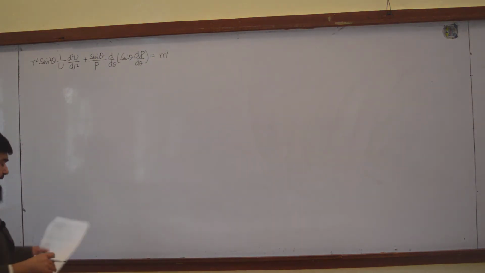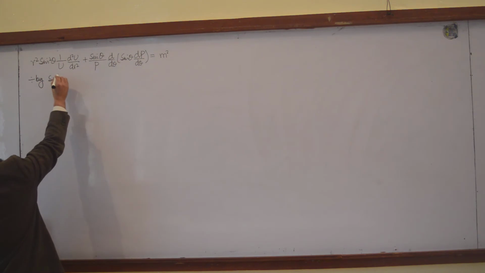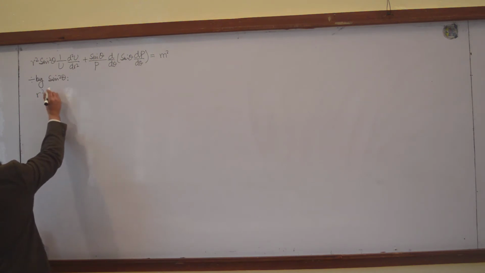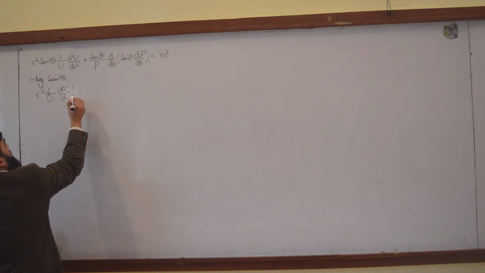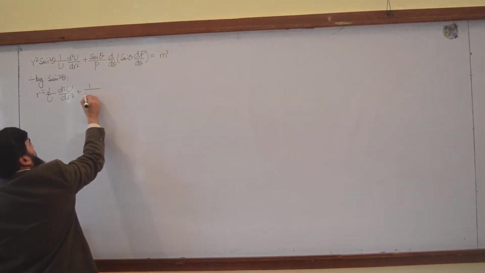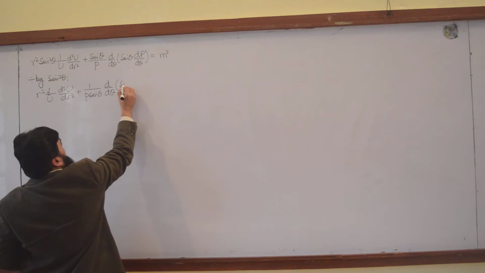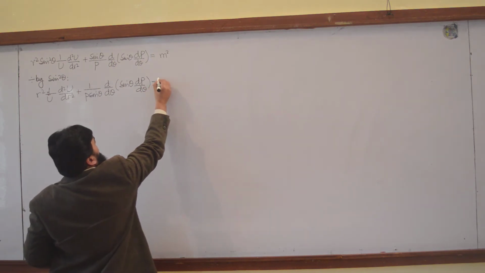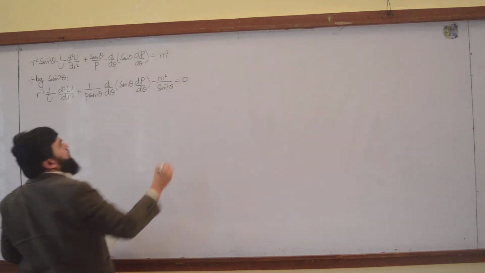If I move this m squared to this side and divide by sine squared theta, then we have r squared times 1 over U d squared U over d r squared, plus 1 over T sine theta d by d theta of sine theta dT over d theta, minus m squared over sine squared theta, equal to 0.